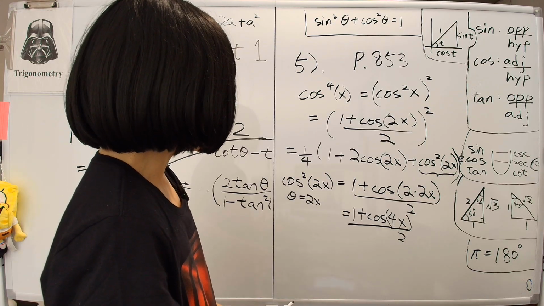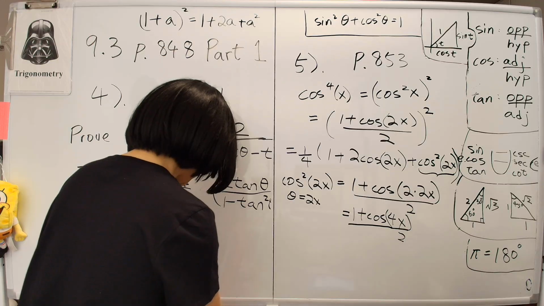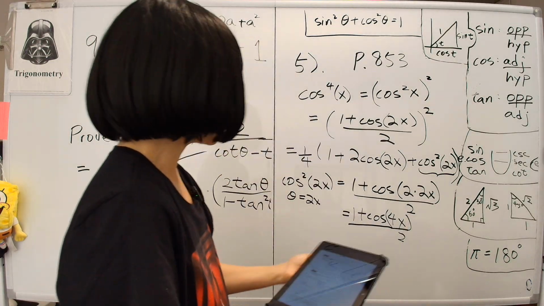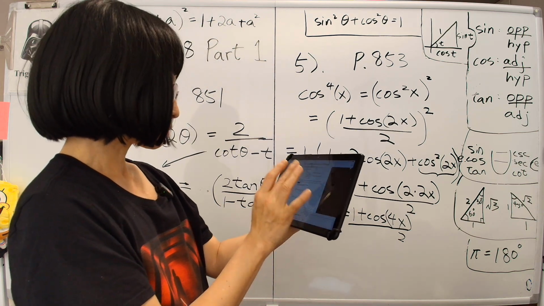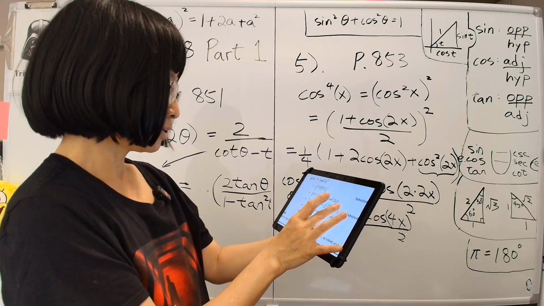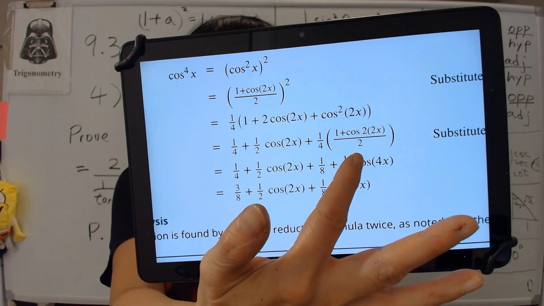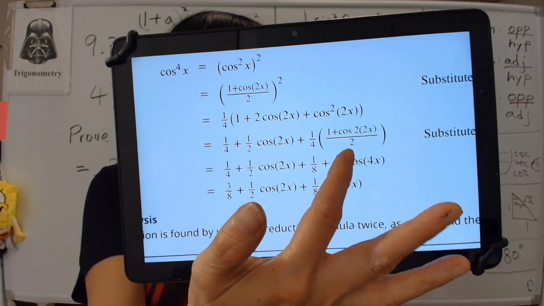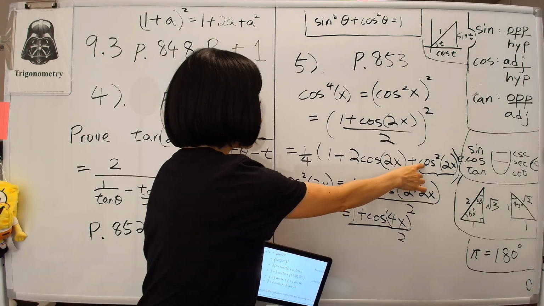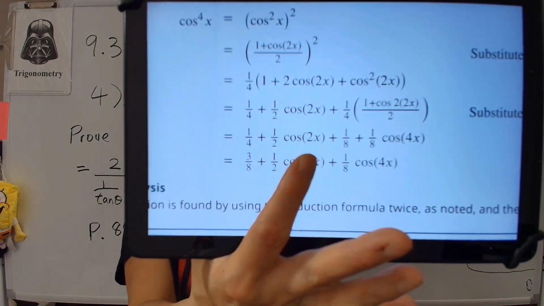I think the rest I will just refer to the book for you to get through the rest of the algebra. This is example 5. As you can see in the book, it plugged in 1 plus cosine 2 times 2x in place of cosine squared 2x, and then we just have to work out the algebra.